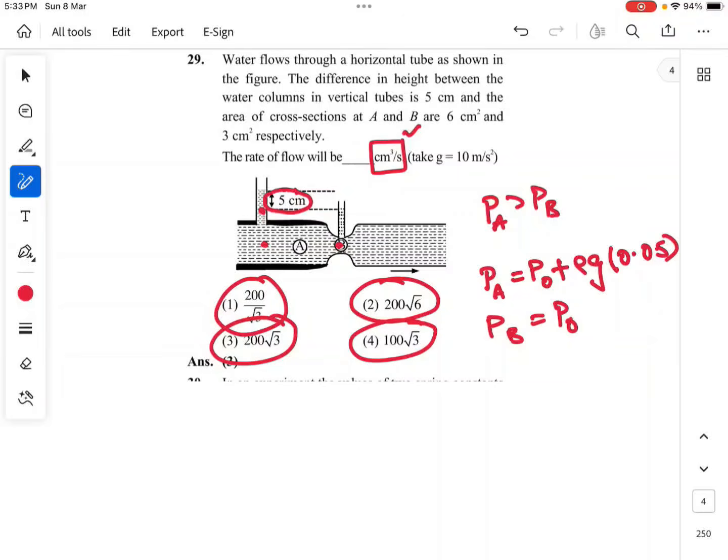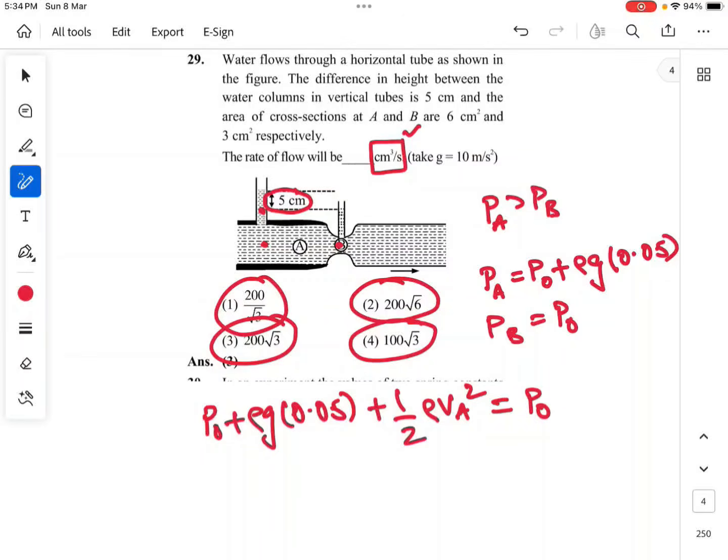And now applying Bernoulli's equation, you'll have P naught plus rho g into 0.05, I have converted centimeters into meters, plus half rho VA square must be equal to P naught, that is at point B, plus half rho VB square.